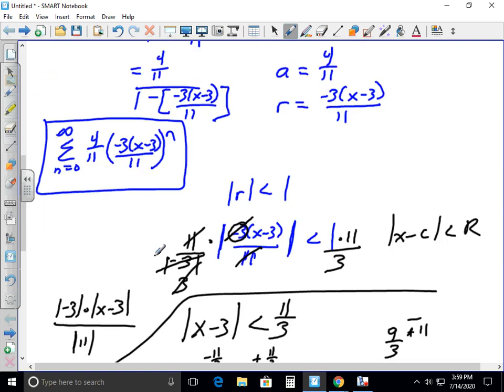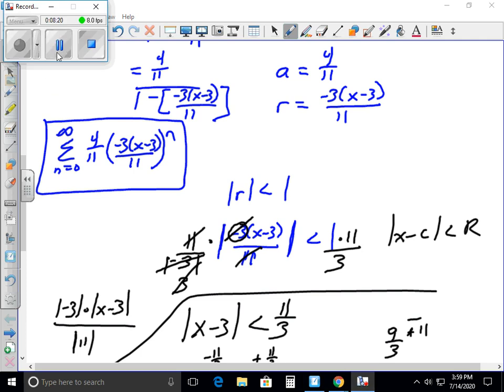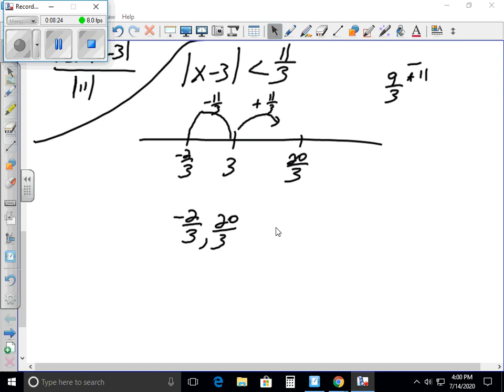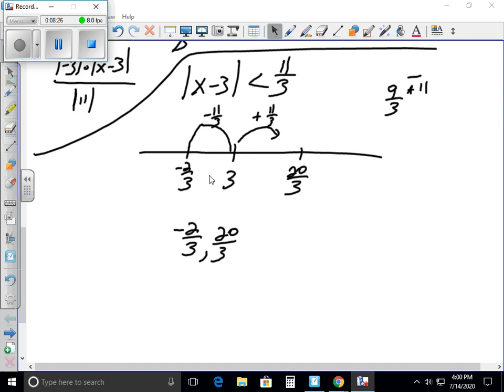And then we put 20 thirds in for x, and we check to see is that going to converge or diverge. For time's sake, we're not going to do each of those right now, but it turns out, like the last one we did, the left and the right side, neither one converges, so it's only the stuff on the inside.